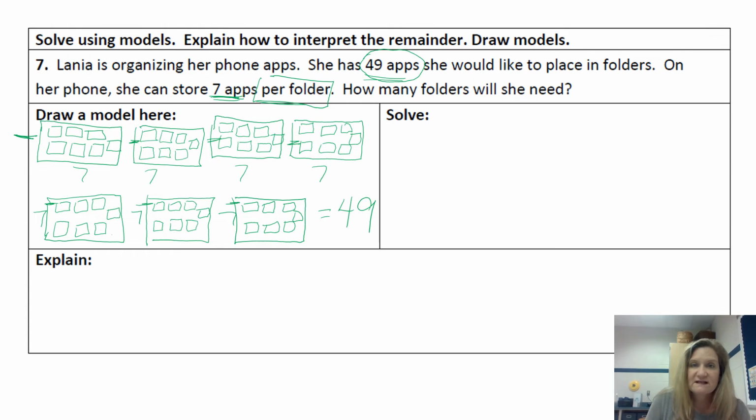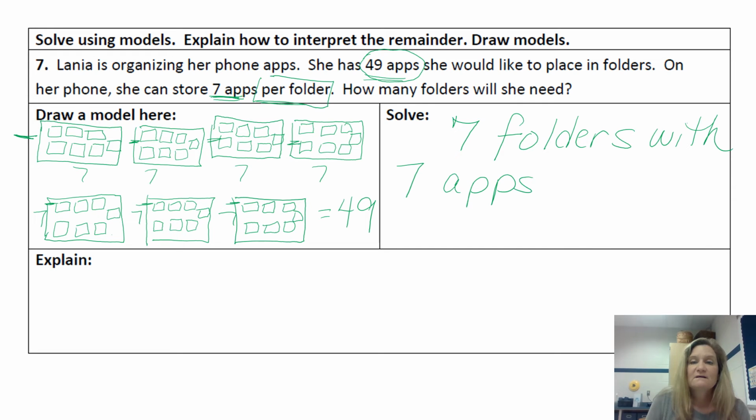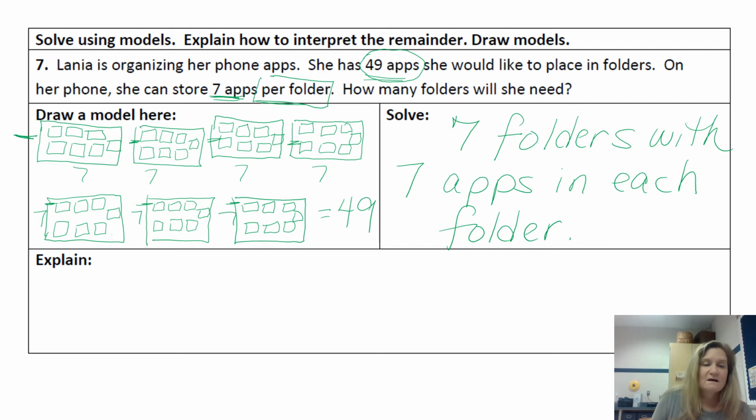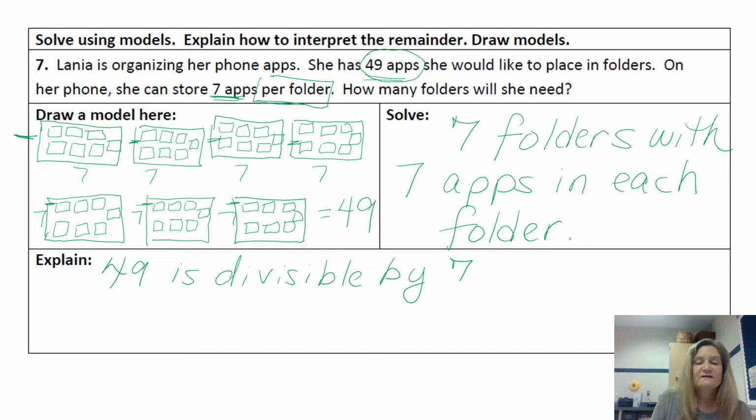No. So I have 7 folders with 7 apps in each folder. Okay. 49 is divisible by 7.